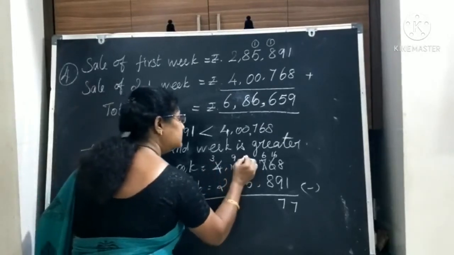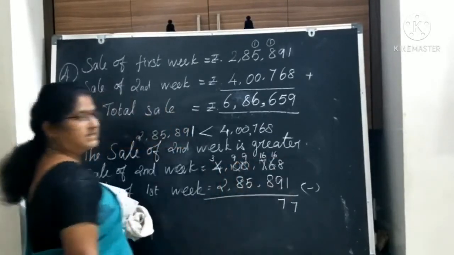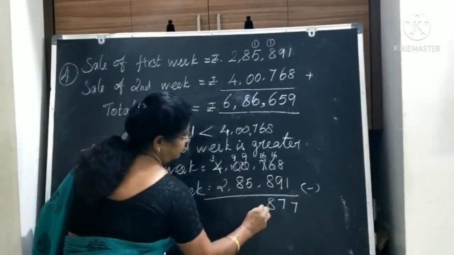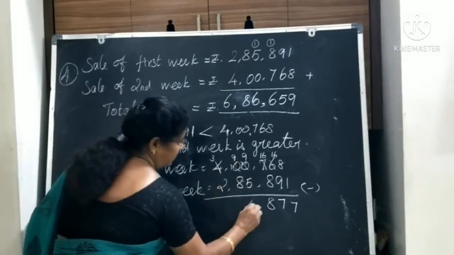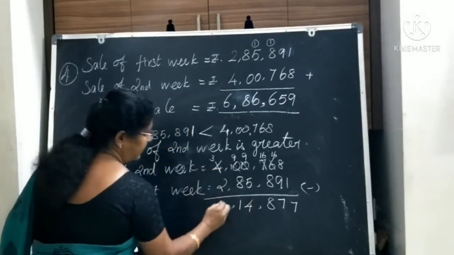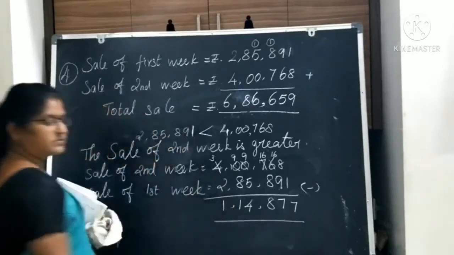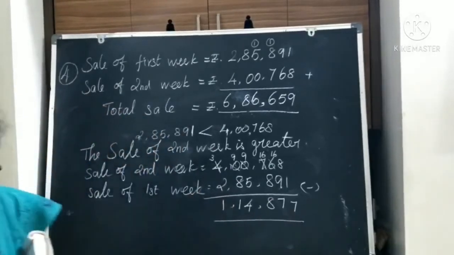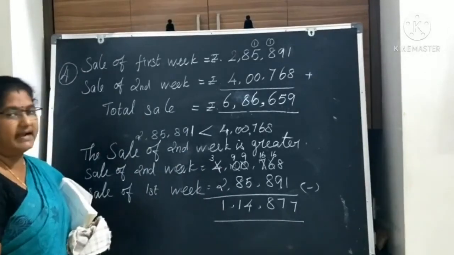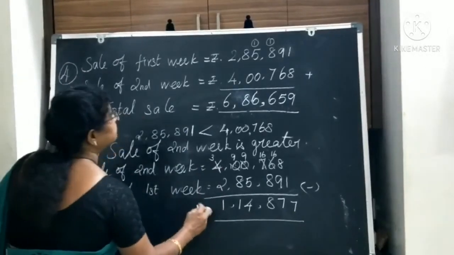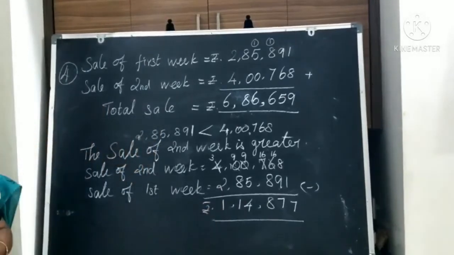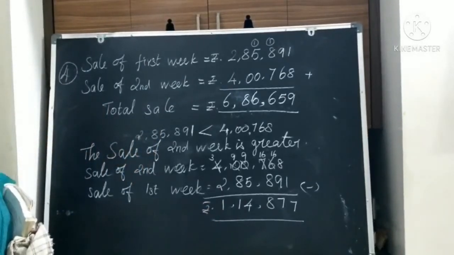Now it is 9, 16. 16 minus 8, 8. 9 minus 5, 4. 9 minus 8, 1. 3 minus 2, 1. So, 1,14,877 rupees is what we got more in the second week.